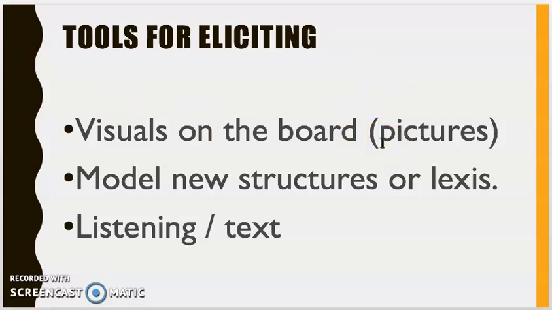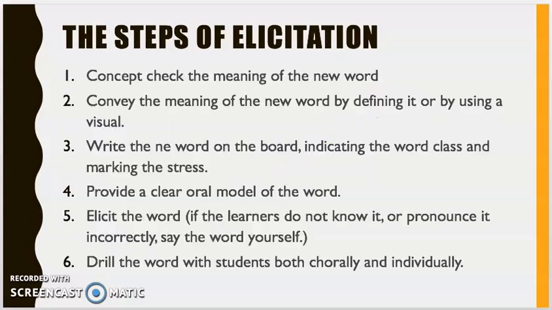You may bring some sort of realia, which are real objects, for example. You may model the new structure or lexis before presenting that as a target language, for example. You may use a text or a listening activity as a tool for eliciting as well some kind of vocabulary or some grammatical structures, for example, right?